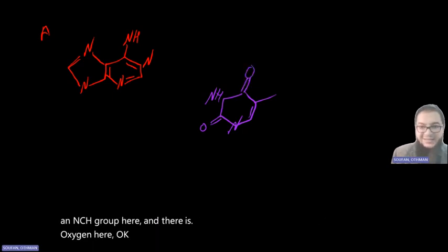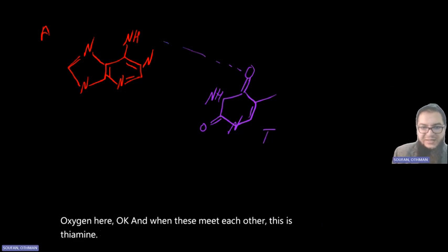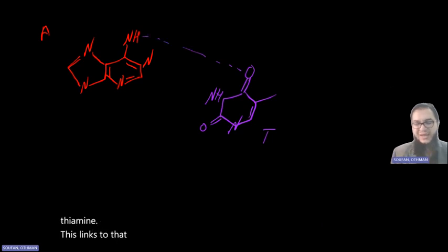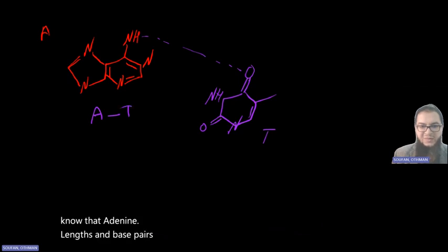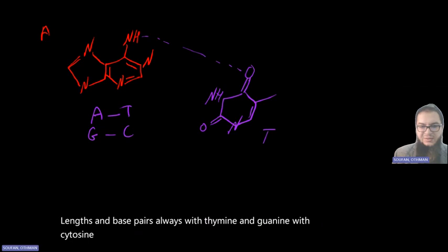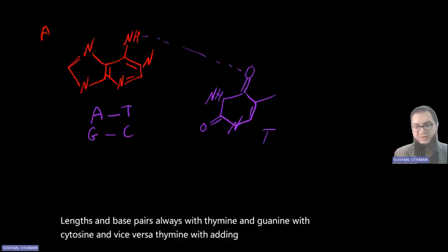When these meet each other, this is thymine, and it links to that. That's what's called base pairing. We know that adenine base pairs always with thymine and guanine with cytosine, and vice versa, thymine with adenine and guanine with cytosine.